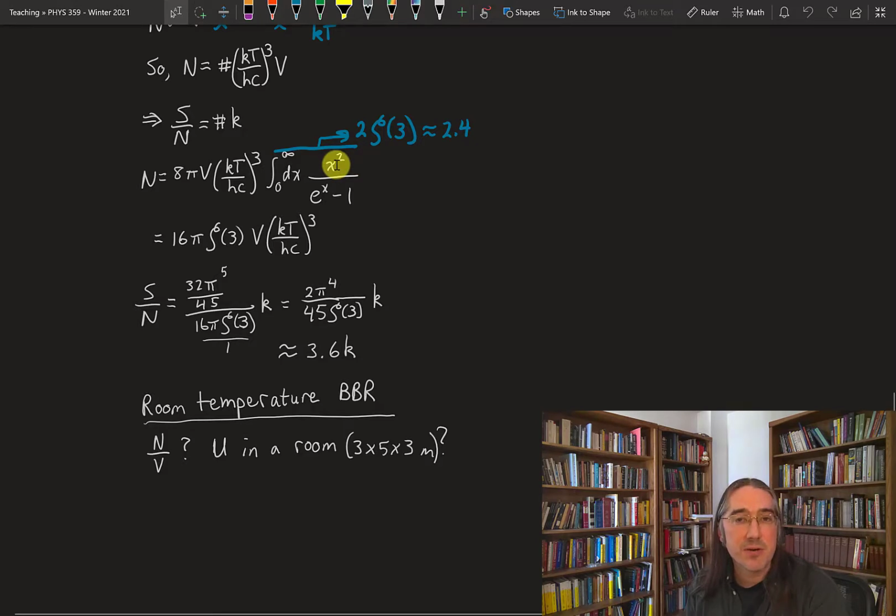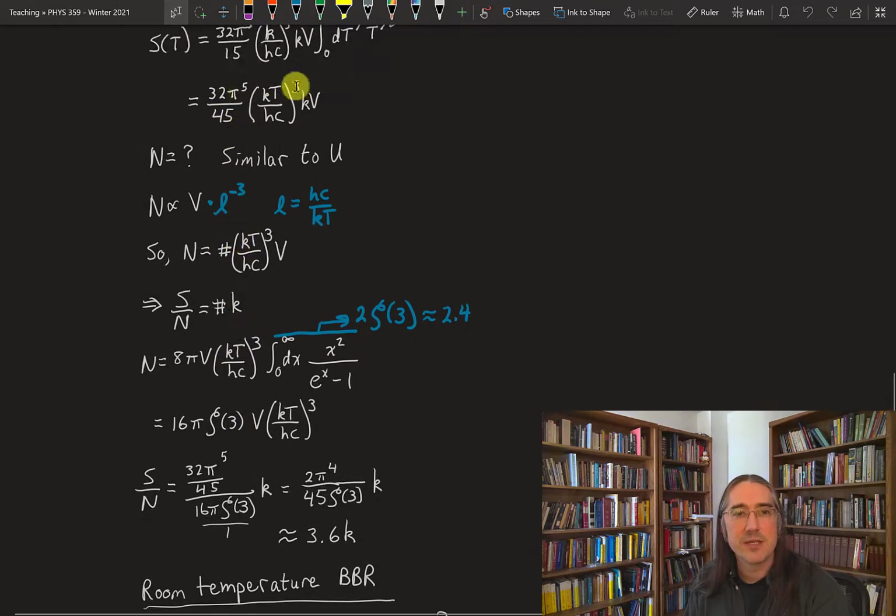Gamma of n plus 1 is n factorial, 2 factorial is 2, and zeta of n plus 1 is zeta of 3. There isn't a nice way to write this in terms of constants that you already know and love. This value, 2 times zeta 3, is about 2.4. So our numerical constant out front is going to be 8 pi times 2.4, roughly speaking, or 16 pi zeta of 3. So that gives us our n.